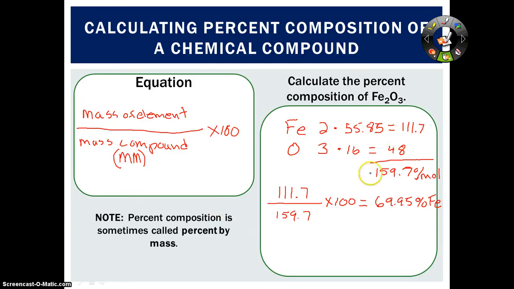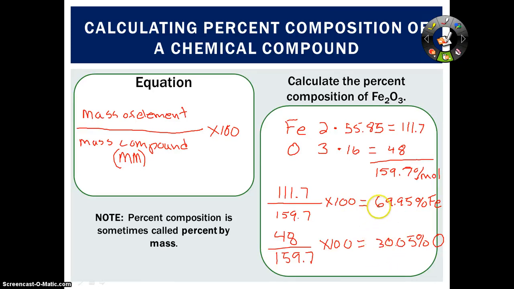Now for oxygen. The total mass of oxygen is 48 divided by 159.7 times 100 gives me 30.05% oxygen.